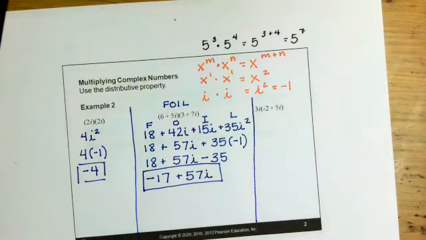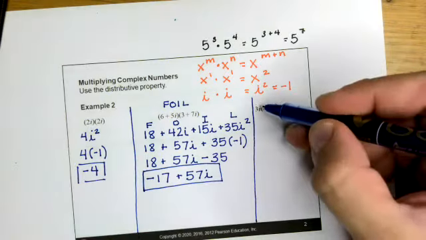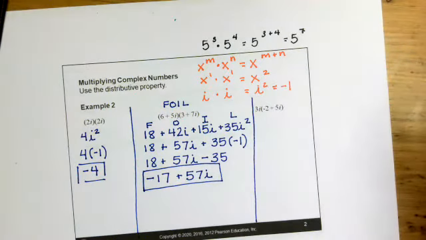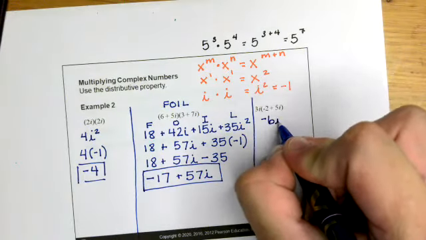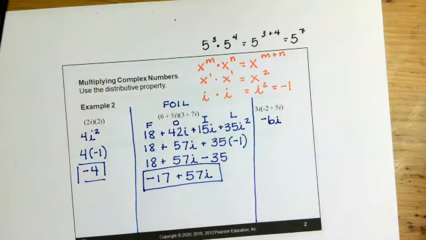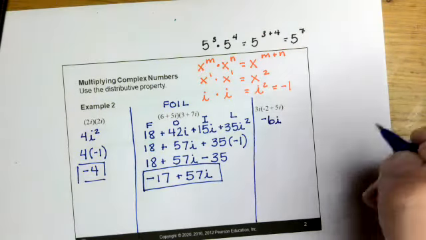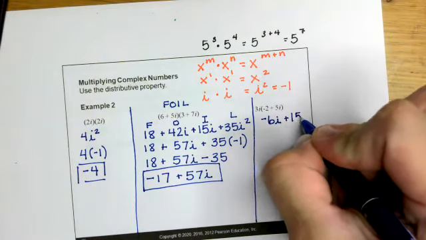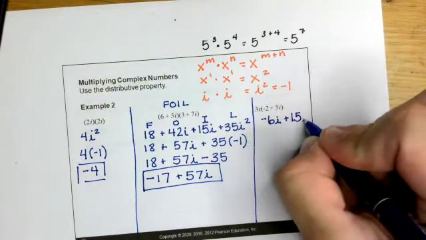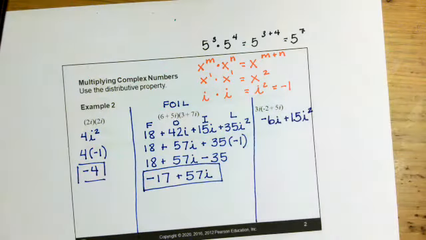Last one for example 2. 3i distributed through -2 and positive 5i. Okay. 3 times -2 is a -6. There was only one I, -6i. 3 times a positive 5 is 15. But now we have two i's.